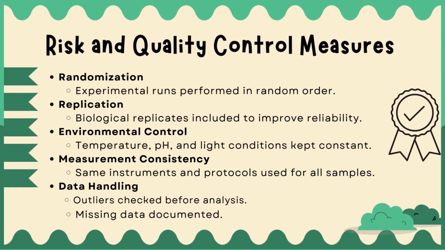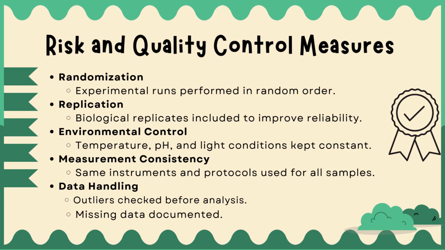To ensure the quality and reliability of the experimental design, several risk and quality control measures are applied. First, randomization is used when conducting experimental runs to reduce systematic bias related to the experimental order or environmental variation. Second, biological replicates are included to improve reproducibility and capture natural biological variations.